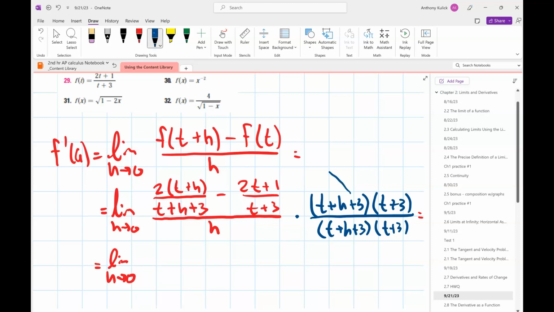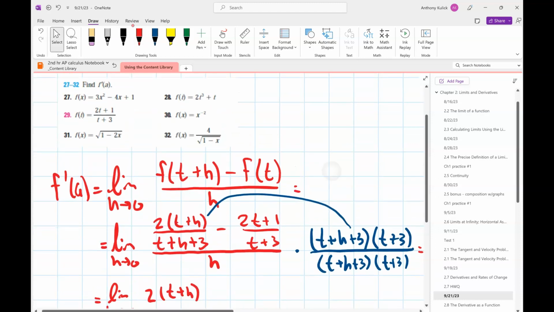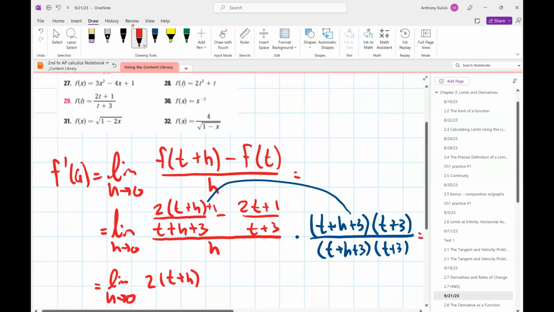So when I multiply this in, the t plus h plus 3 factor cancels with the denominator there. So I'm just going to have the numerator 2 times t plus h plus 1. Forgot to write the plus 1 there. Times the t plus 3.